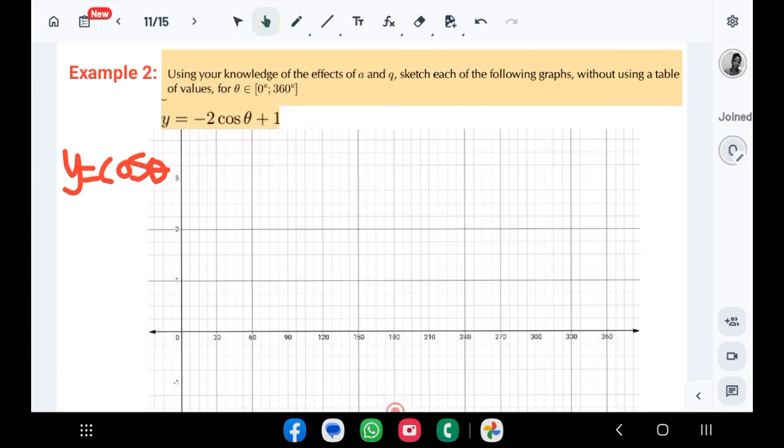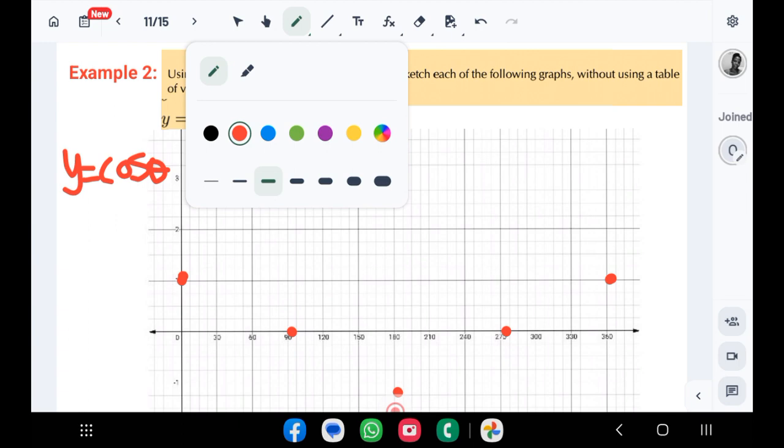At 0 degrees, it is 1. At 90 degrees, it is 0. At 180, it's -1. And at 270, it goes back to 0. At 360, it goes up to 1. And that is how the graph of y equals cos theta should look.